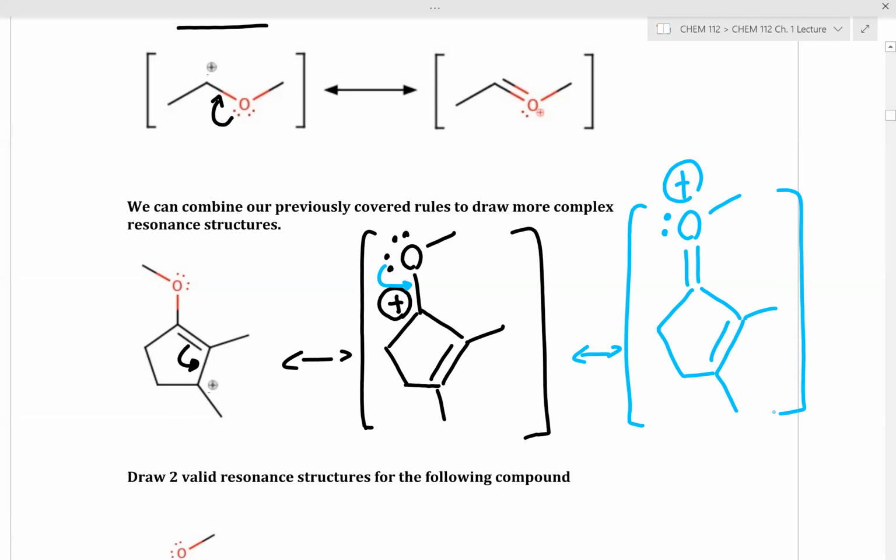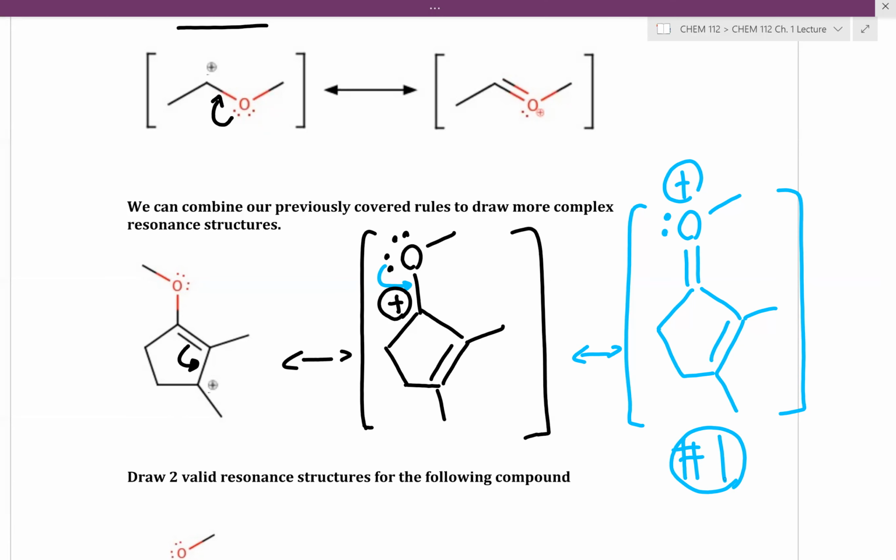And if we had to pick which structure was the most major, which structure from the ones drawn follows the octet rule most stringently? The last one, right? So we'd expect this structure to be preferred. Does that make sense to everyone? What I want you now to do is to apply these ideas to a new example.